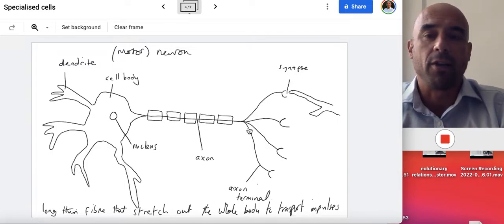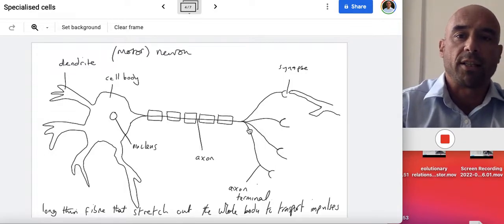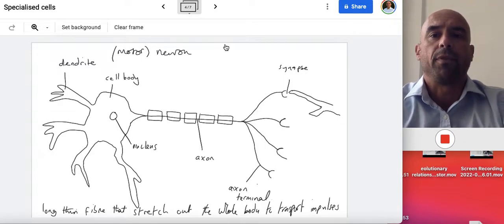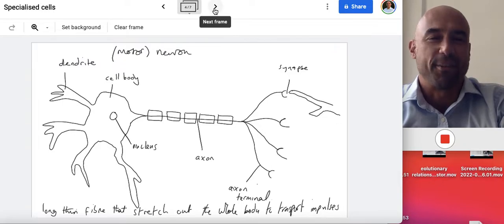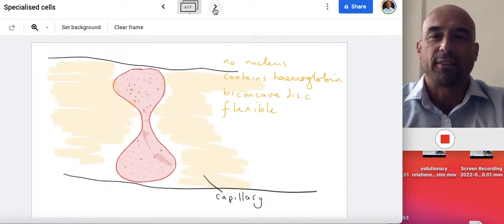Impulses are the signals which neurons send. So the key phrase here is they have axons and they have dendrites and they have axon terminals, which are long fibres, and those long fibres are there to transport the impulses which travel along the neurons.